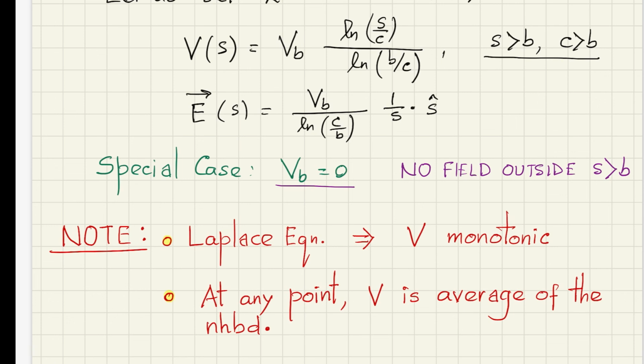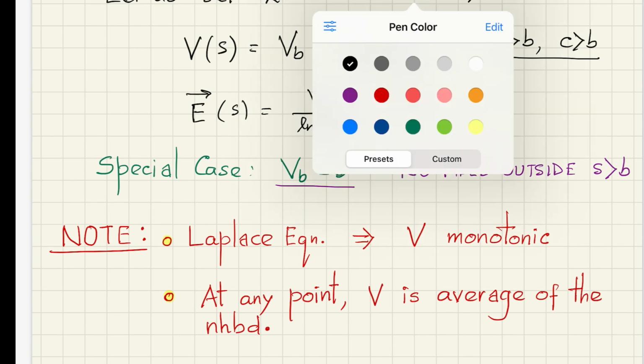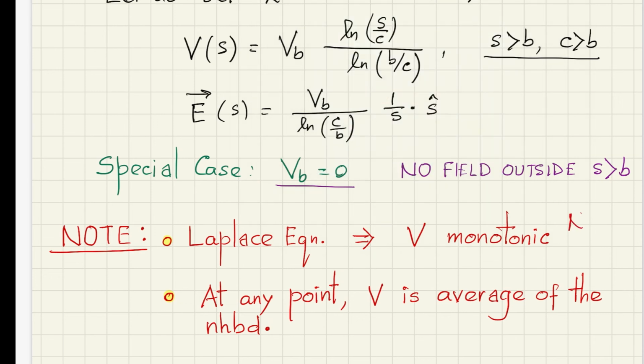I illustrated it where the partial differential equation actually reduced to an ordinary differential equation, and hence we could solve it by using the boundary condition and fixing the constants through the boundary condition. But this is true for any dimensions, and even if it is partial, there are two characteristics. That is, V will be monotonic, that is, there will be no maxima and no minima. So monotonic meaning no maxima within the region where there is charge free, no maximum, no minimum.